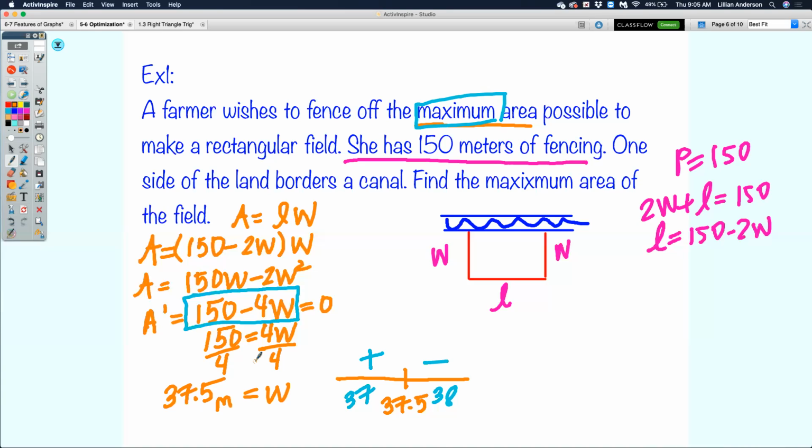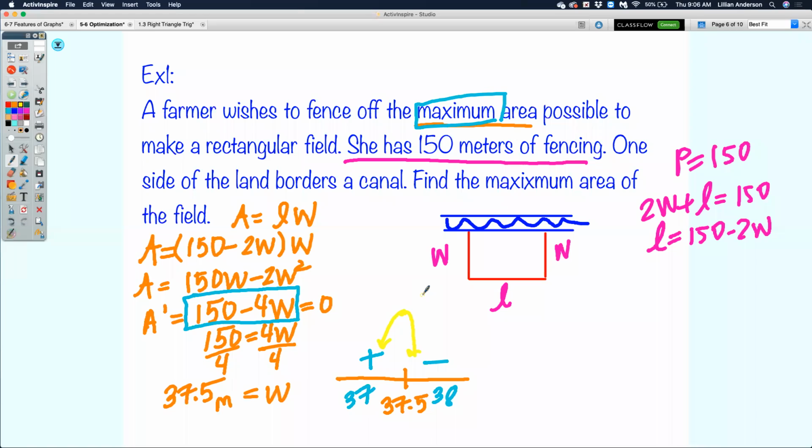Does everybody understand that? How do you know that? Because when we found that value of 37.5 after setting the first derivative equal to 0, and then using our test points, we were able to see that on the graph at 37.5, the graph is increasing and then decreasing, which makes a maximum at that particular value.